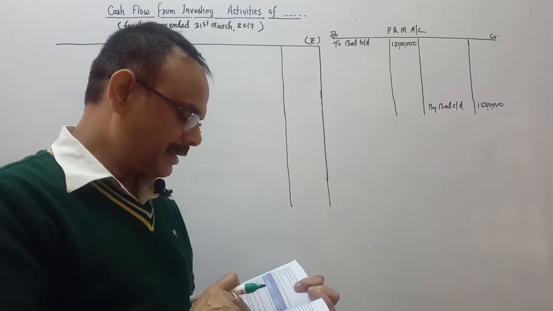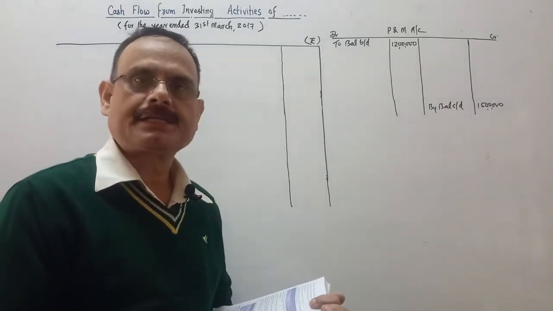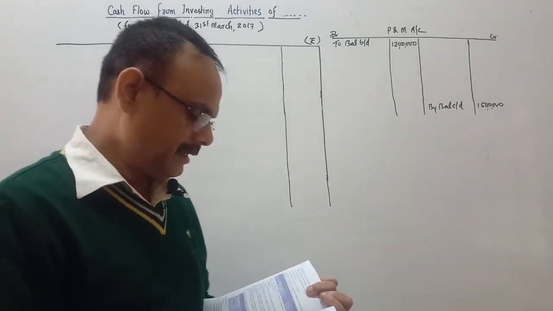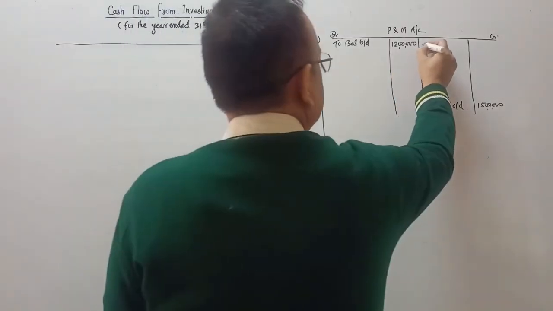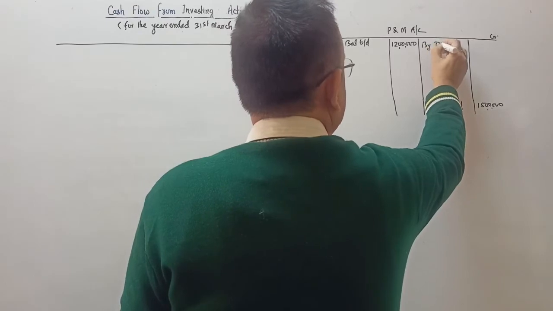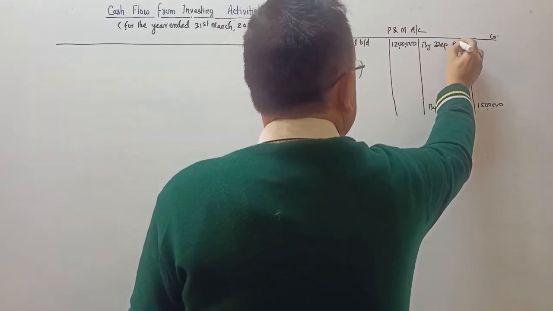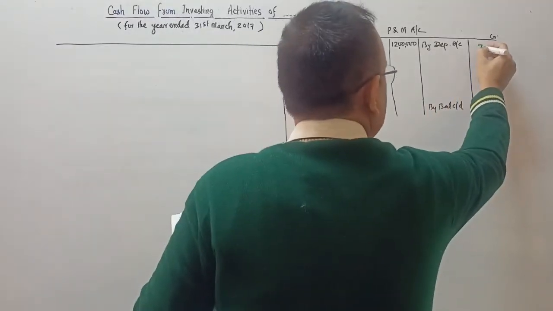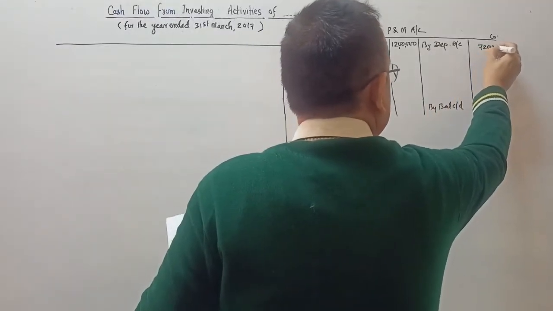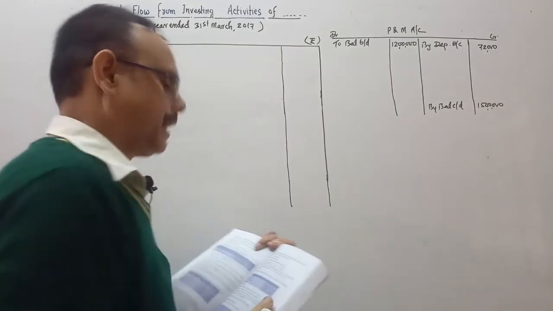Regarding the plant and machinery, in additional information it is given that depreciation is charged. So you write by depreciation account. Depreciation charged on plant and machinery is 72,000. This is the amount of depreciation charged.